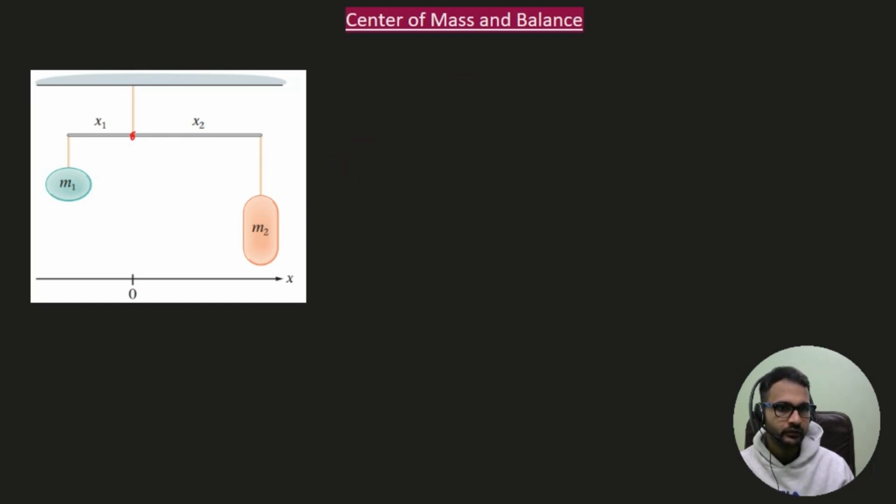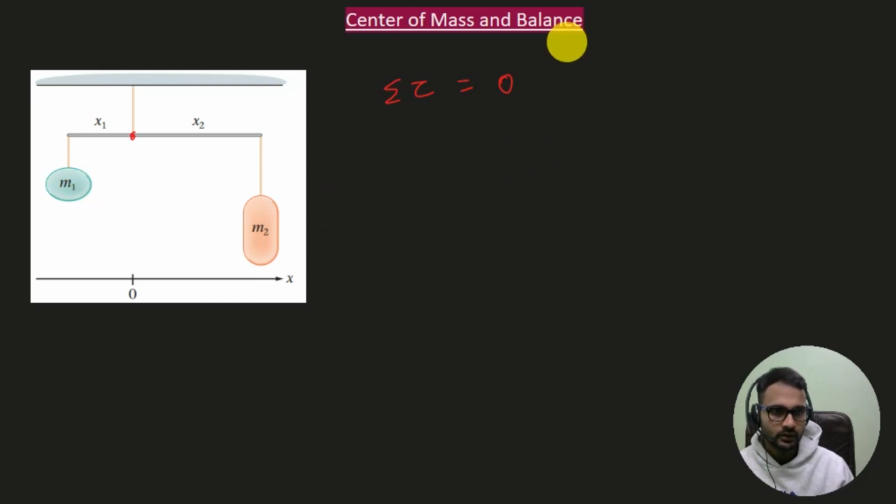Now in the previous video we saw that whenever the system is in equilibrium, the net torque should be equal to 0. So if you take this point to be your axis of rotation, then the net torque about this point should be equal to 0.